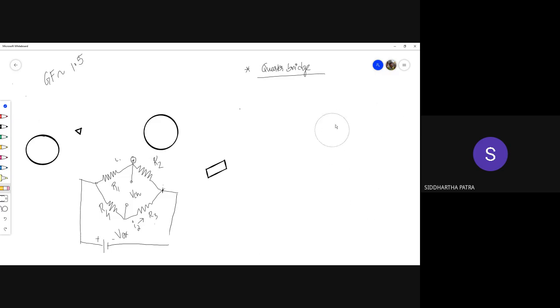Now, what is a quarter bridge? A quarter bridge is when only one of the 4 resistances is a strain gauge. So earlier we drew a strain gauge, right? Which is basically a weird shape like this, with ends a little bit thicker.